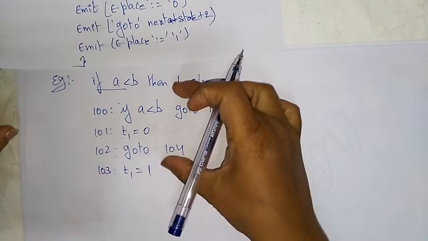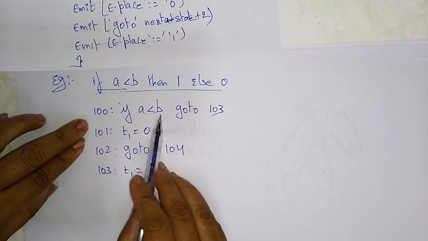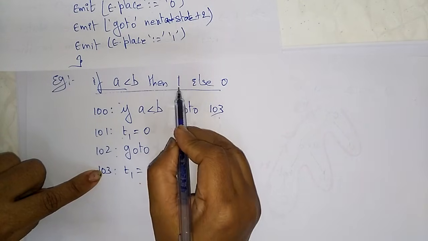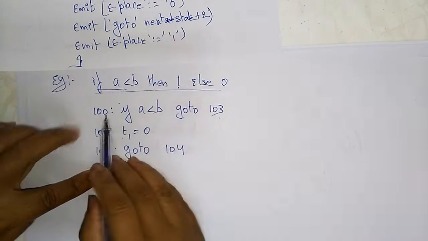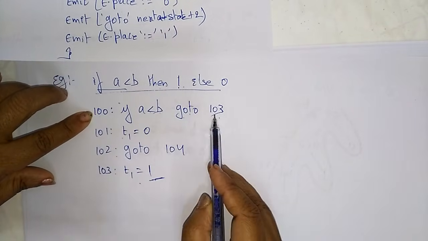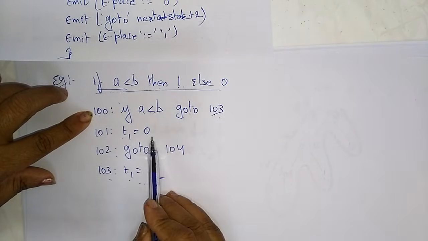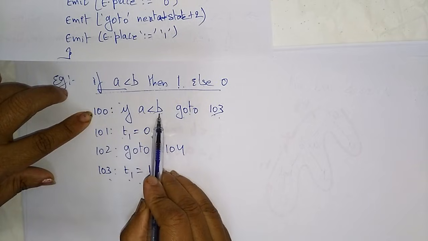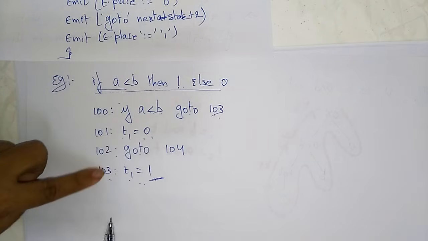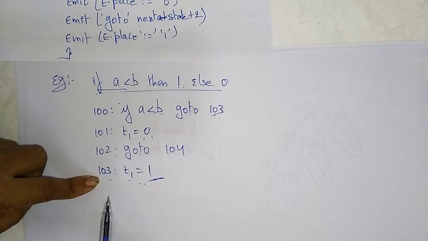So this is how you have to do it, whatever the expression given. If A less than B, go to 103. What is the value there? T1 is equal to 1. Is the solution correct? If A less than B, then print 1. If A less than B, go to 103, and 103 is holding 1. So correct. Otherwise 0: if A is not less than B, it just sets T1 is equal to 0 and goes to 104, meaning the statement is false and it jumps to 104.